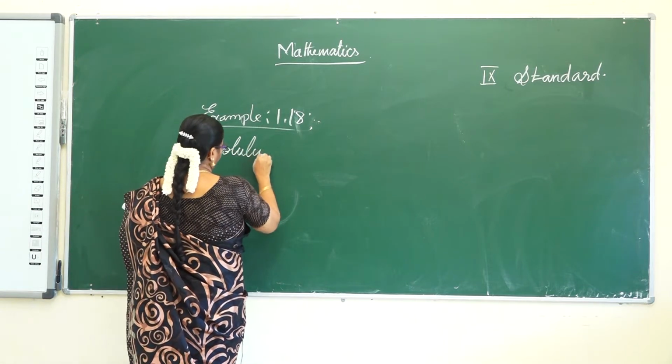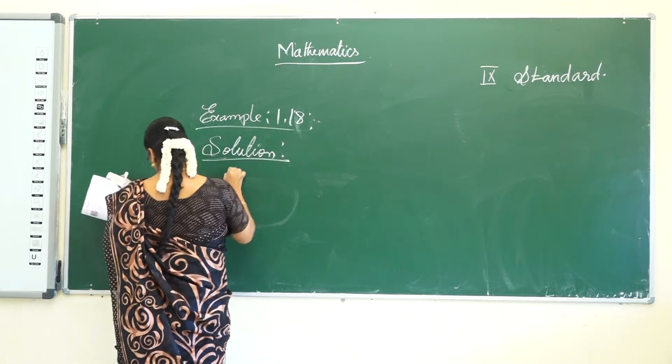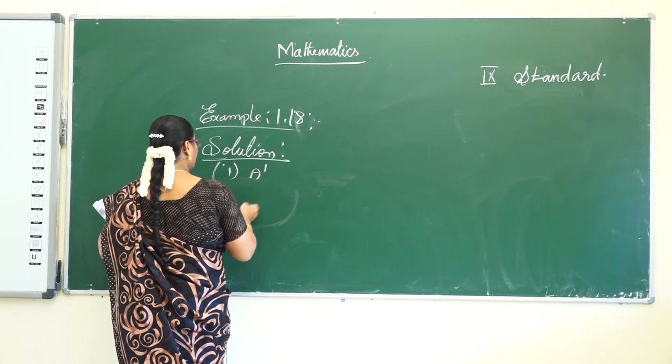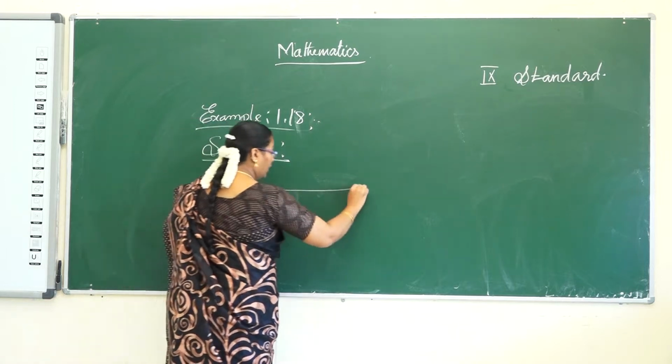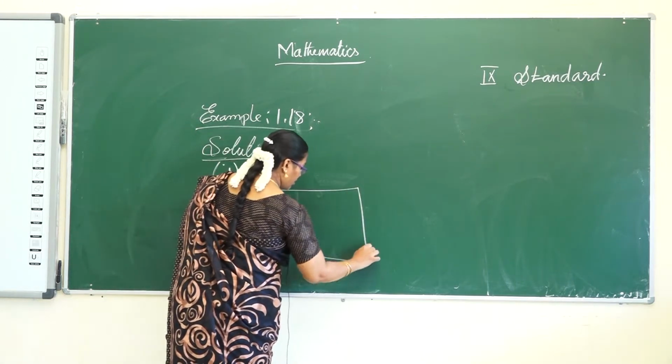Solution. First one, A dash. How do you draw the Venn diagram for A dash? First draw the universal set.